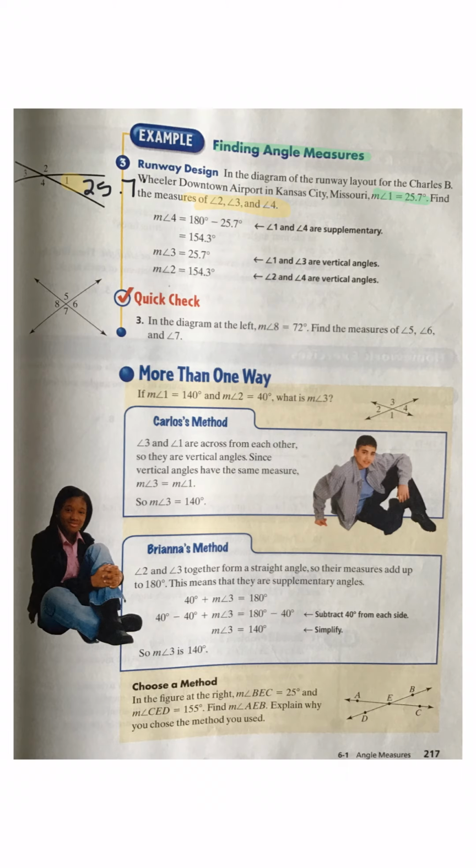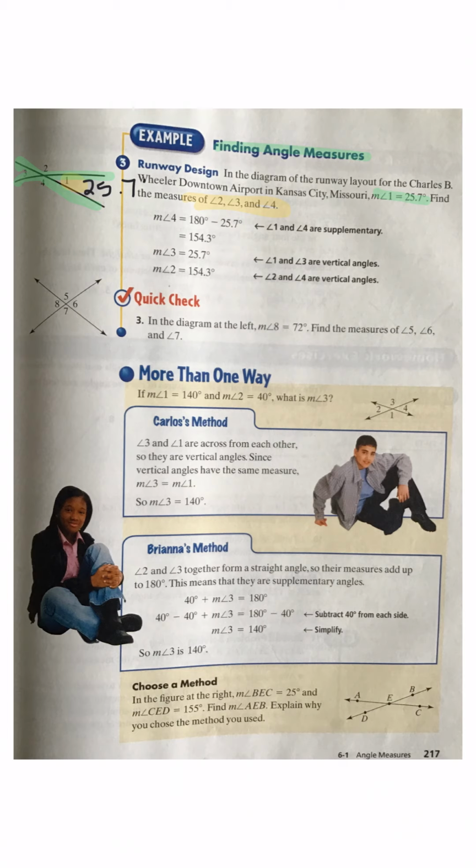So we can see that this is a straight line. Therefore, angle 1 and angle 2 are supplementary, which means they equal 180. We also can see angle 4 and angle 1 equal 180.